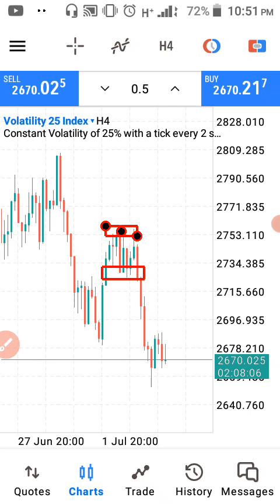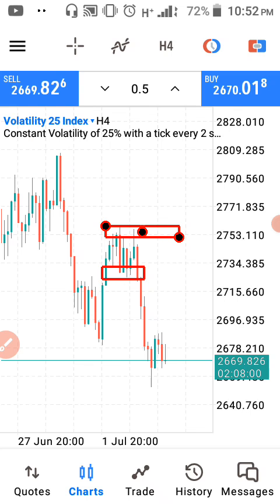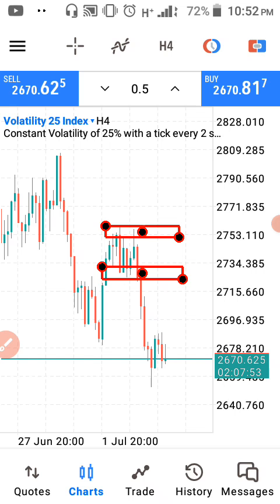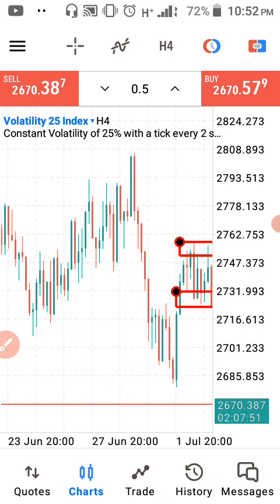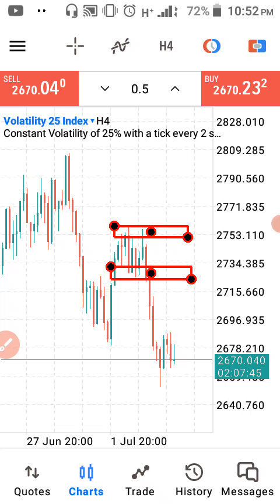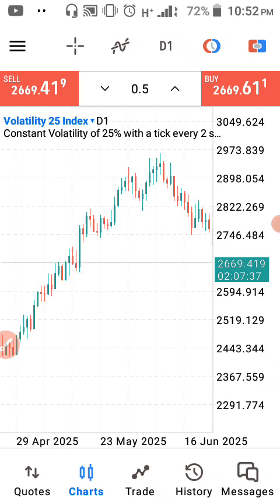When the market carries out a momentum in a particular time frame, and you zoom out, you would see that the market is doing what we call a candlestick pullover in the bigger time frame.